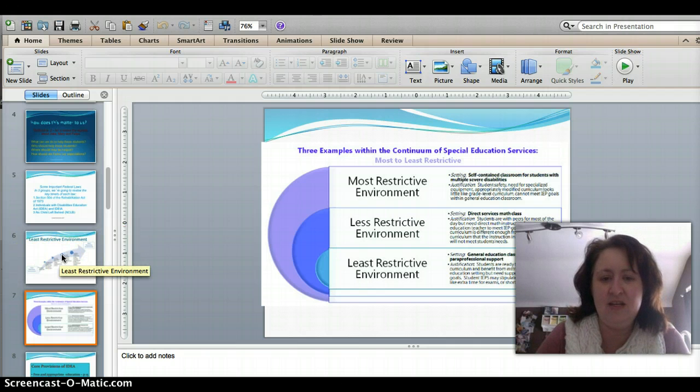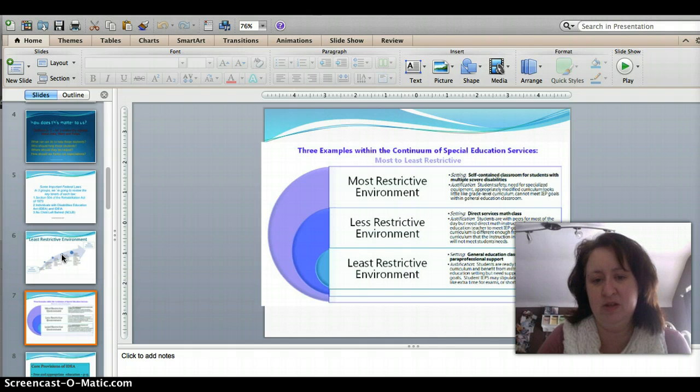The key to least restrictive environment is always remembering that it's student specific, based on individual learning needs. It's not diagnosis specific, meaning that we don't walk into a meeting and say, oh, John has autism, well, we've got a self-contained classroom for kids with autism, that's where he goes.